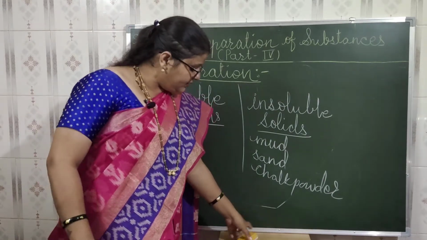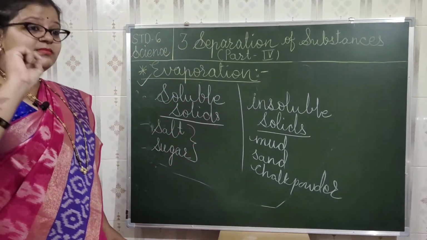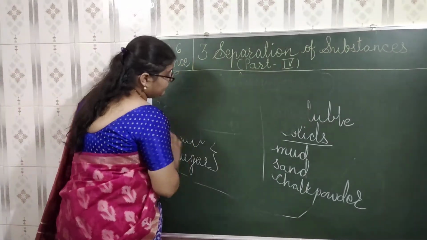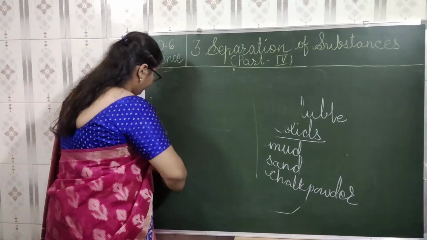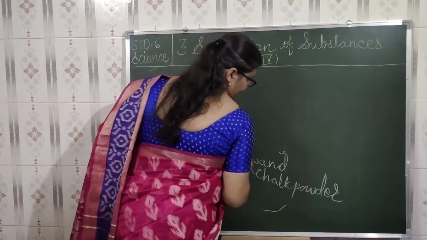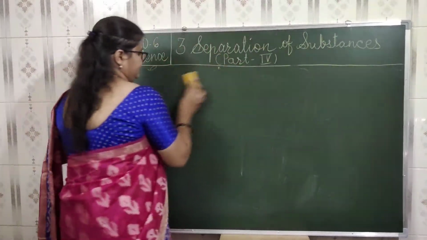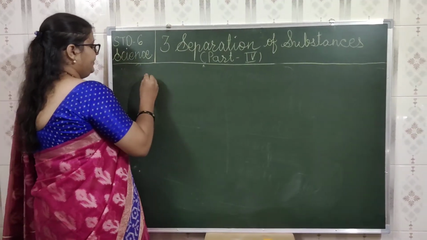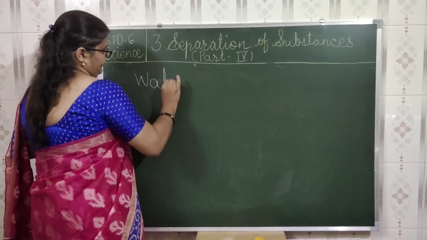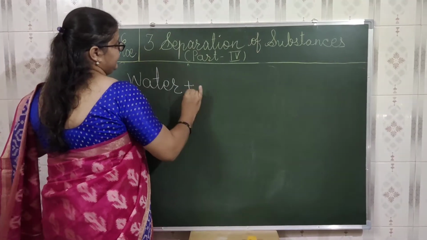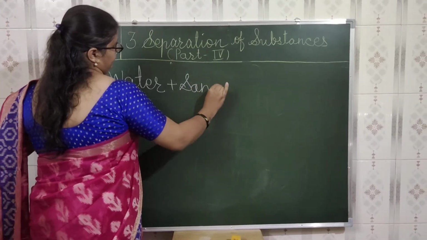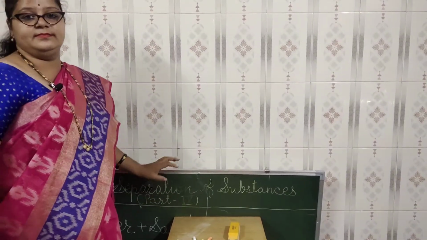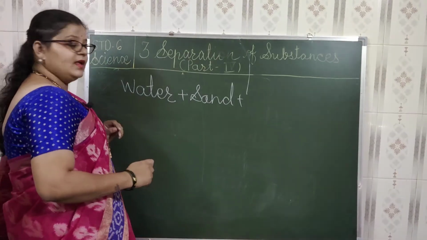Okay, now I am going to ask you one question. Just see which methods you are going to use for separating these substances. Let us understand. Here I have water plus sand, and then you have salt.